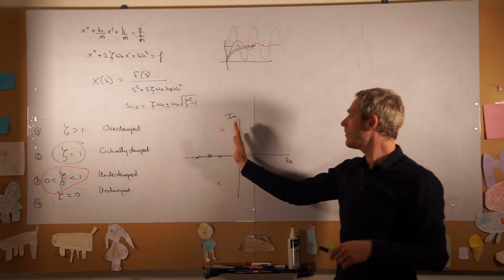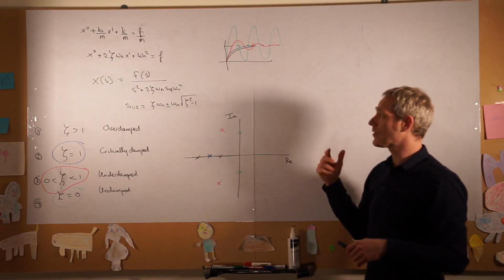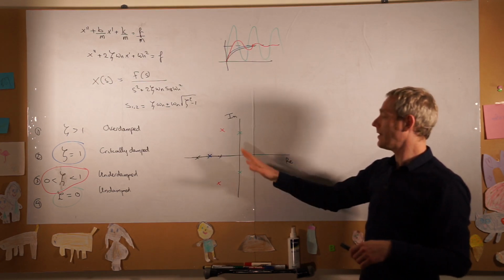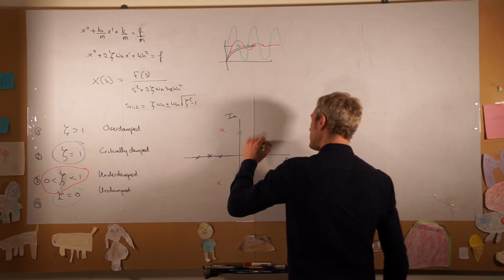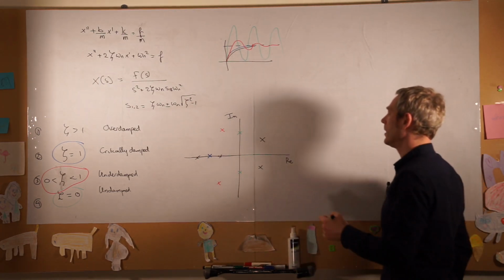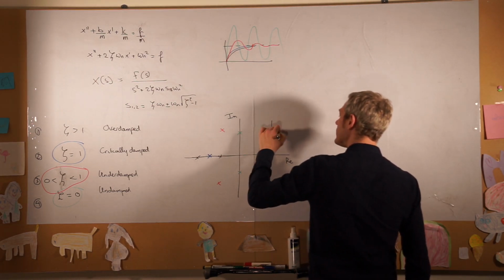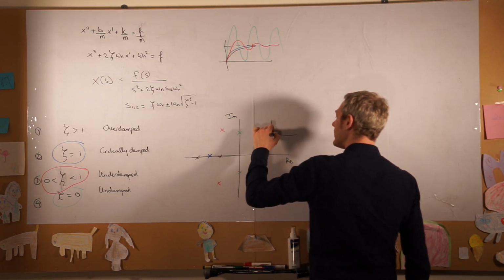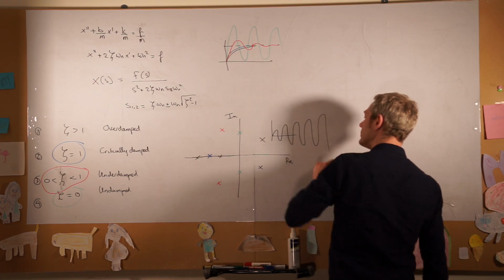We see that for everything in the left half plane, if the poles of the transfer function lie in the left half plane, it will be stable. If we have poles here, so we'll have a pair of complex poles, the behavior we'll see is that we'll have oscillations, but they will increase in amplitude.